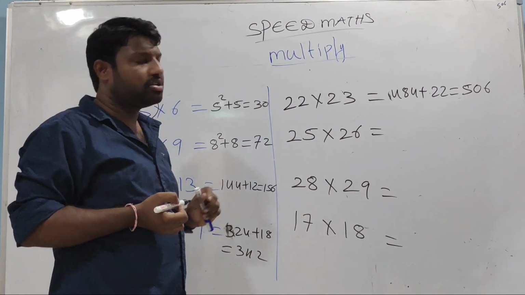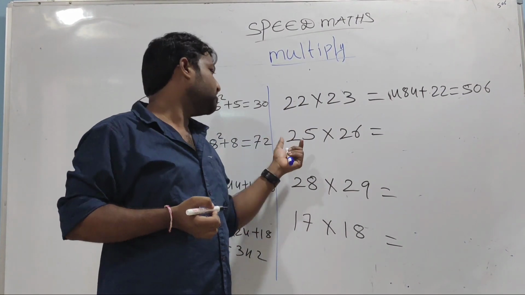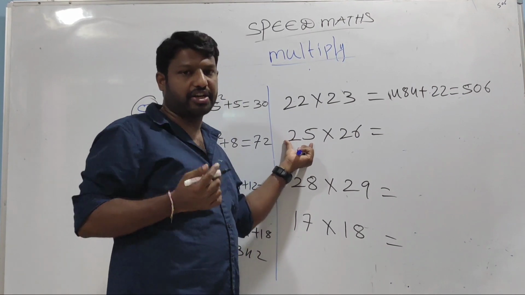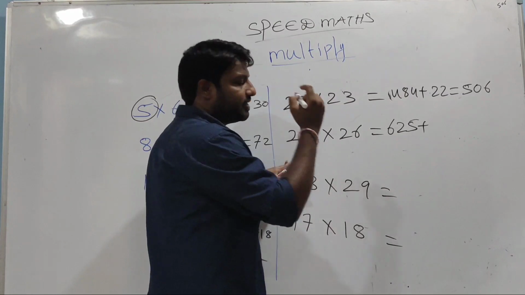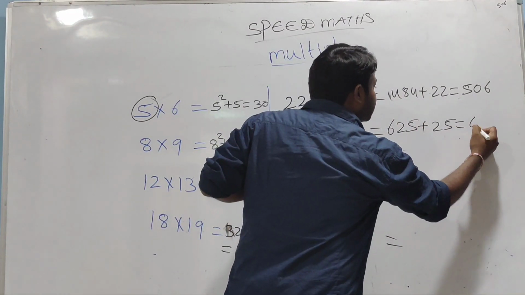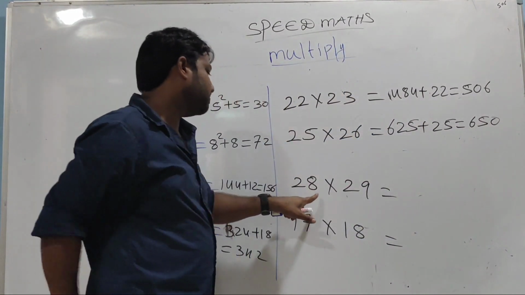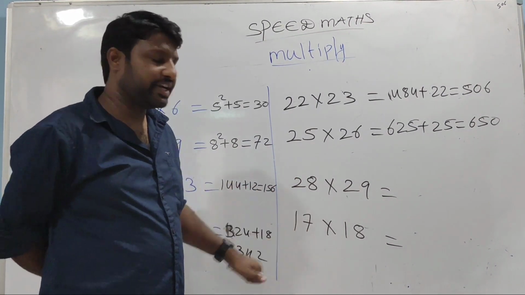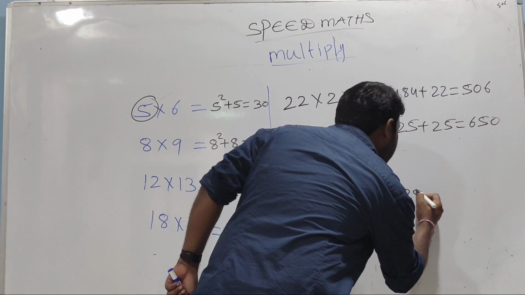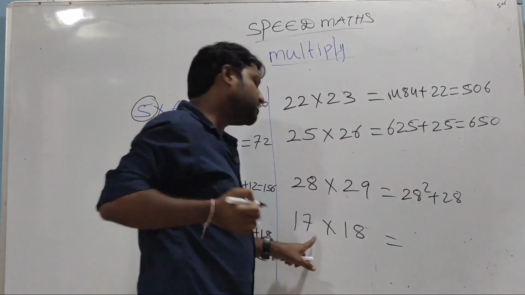Okay. So instead of multiplying, I am doing addition. 25 into 26. Instead of doing like this, I will do 25 square. 25 square is nothing but 625 plus 25. 625 plus 25 is nothing but 650. Okay. Next one. 28 into 29. So what you will do? You will square this number 28 square, plus add 28. Okay. Here 17 into 18.